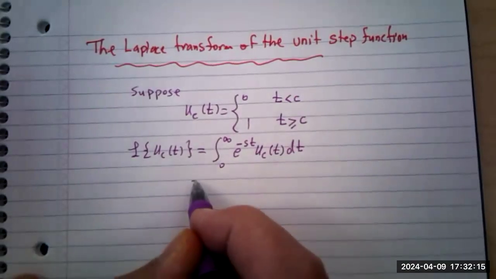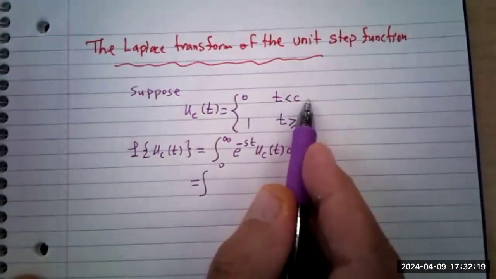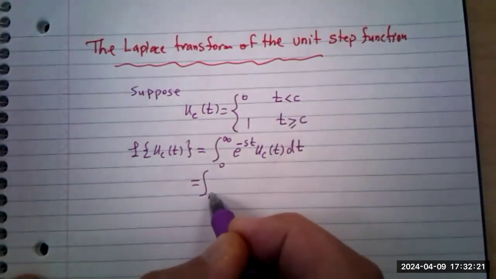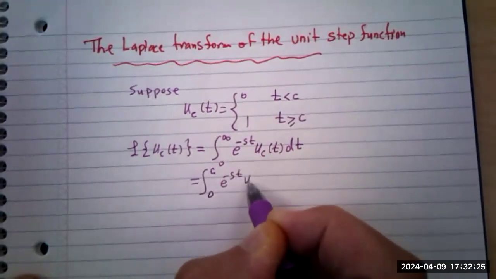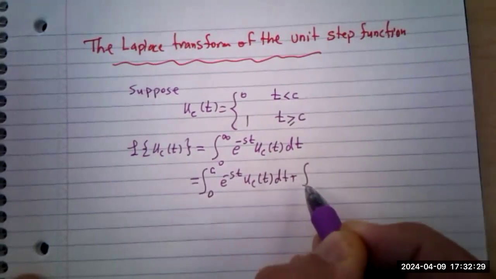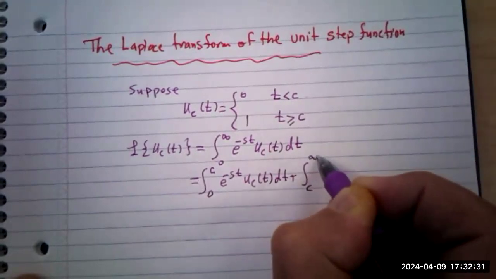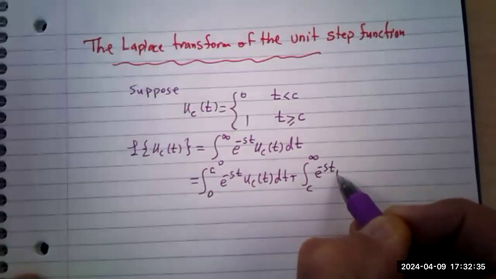So we are going to break it in two parts: from 0 to c, e to the negative st u_c(t) dt, plus from c to infinity, e to the negative st u_c(t) dt.